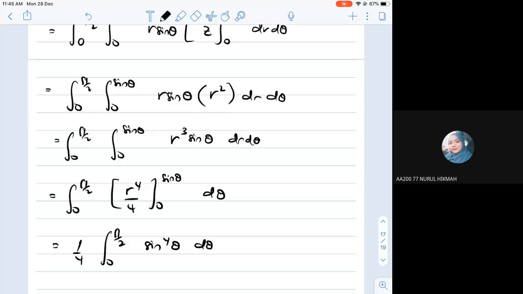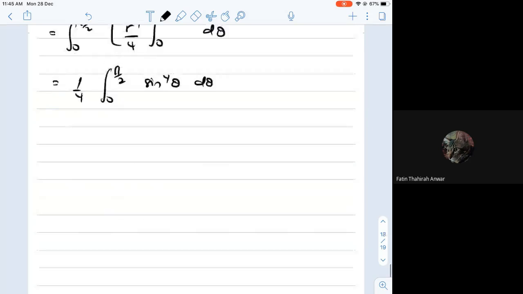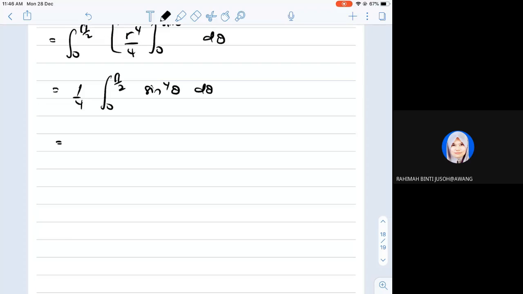Lopek ke? Tak juga, bukan lopet. Macam mana ni? Substitution. Kena tukar. Okay. Tukar jadi half 1 plus sin. Okay, kita cuba. So 1 over 4, 0 until pi over 2 sin square theta macam ni. You kata d theta. Betul? Betul ke? Kan?